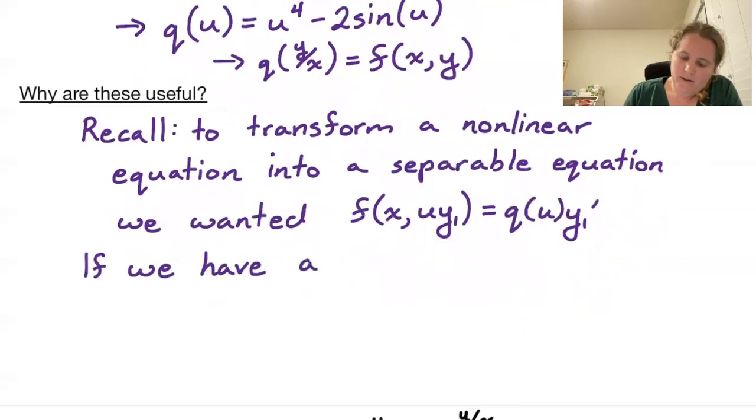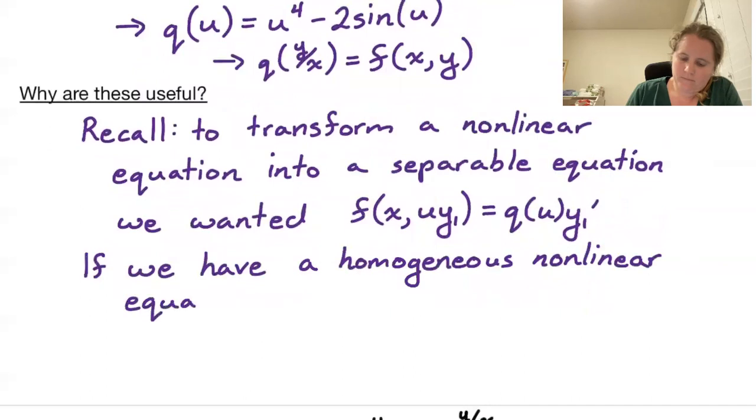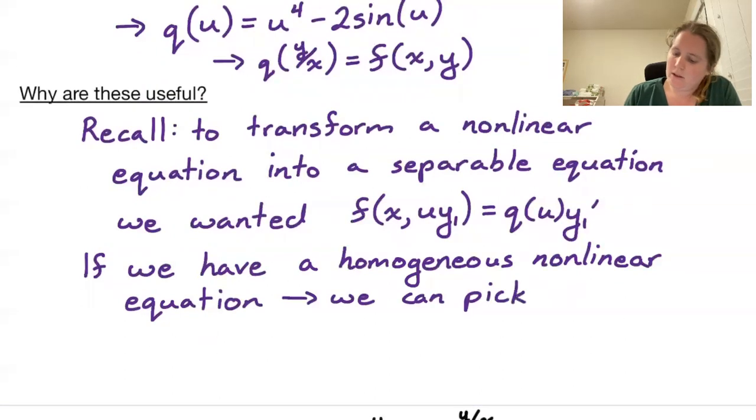So if we have a homogeneous nonlinear equation, then we can pick y1 of x equals x.